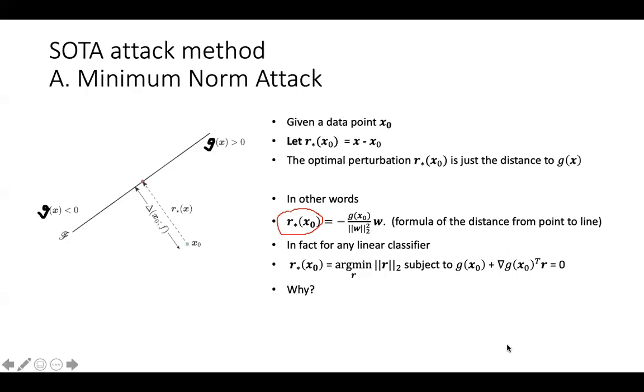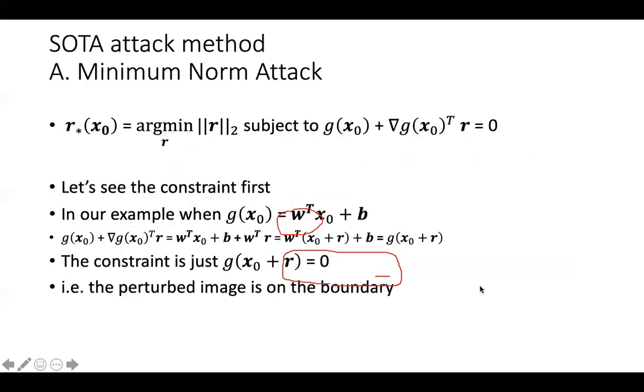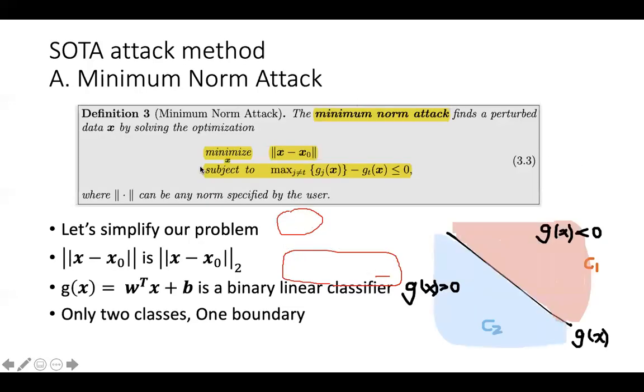And this one is subject to. So for now you would like to minimize the length of r. It's the same as the objective here. So minimize the perturbation, and r is just x minus x0, right?